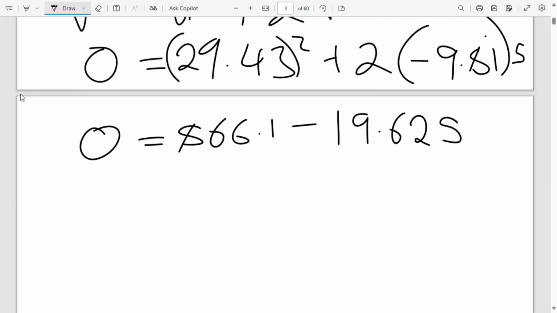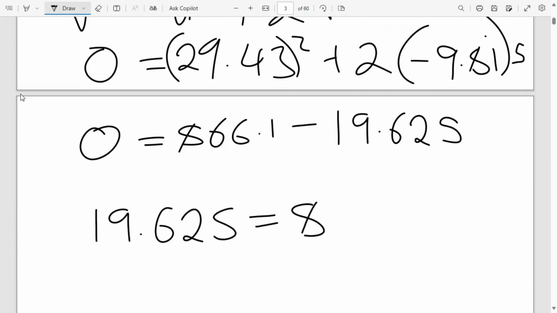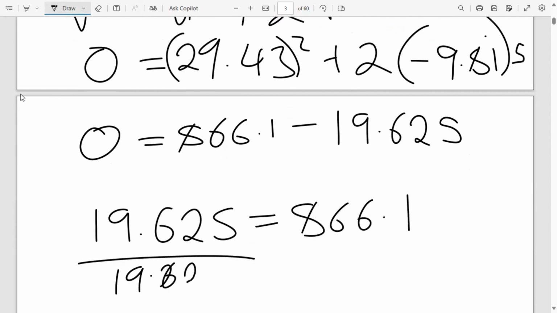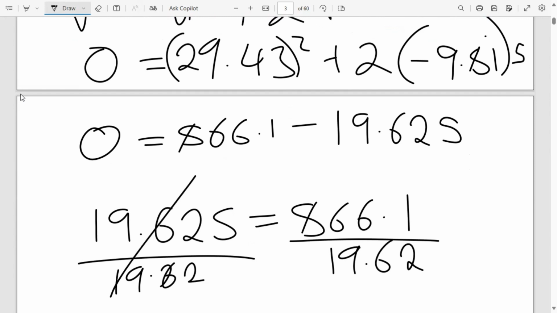Okay, so I'll say 19.62 s is equal to 866.1 over 19.62, even this side over 19.62. Cancel out the 19.62 here.